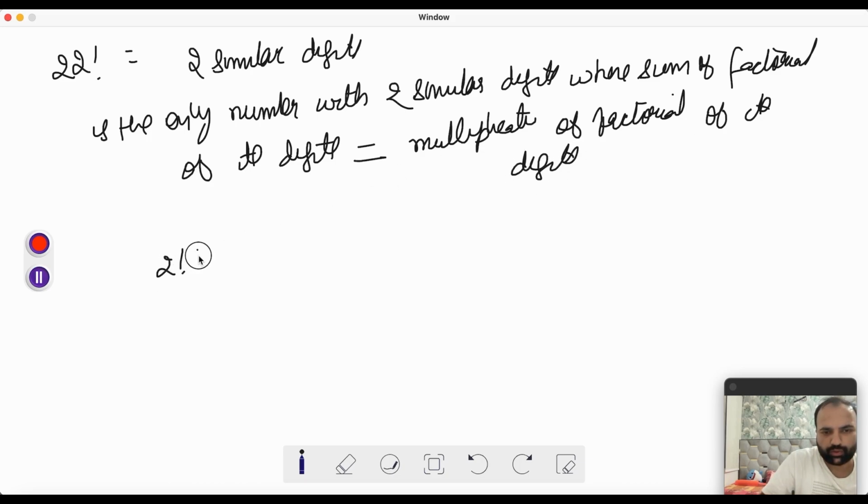So 2 factorial into 2 factorial is equal to 2 factorial plus 2 factorial.